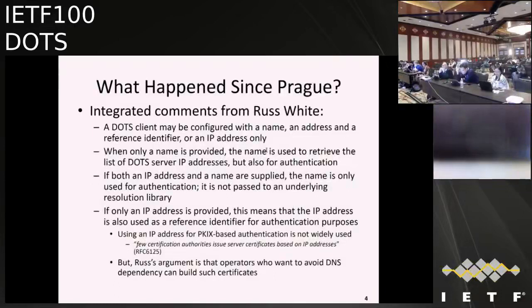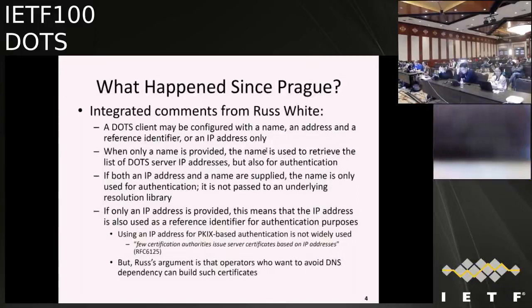When the name is provisioned to this client, the name will be used for 2 purposes. The first one is to resolve it into a list of IP addresses that will be used to reach the server itself, but it will also be used as an authentication reference identifier for PKIX, for instance, authentications. But when there is both a name and IP addresses, the name will only be used for authentication purposes, and the IP addresses for reaching the server itself.